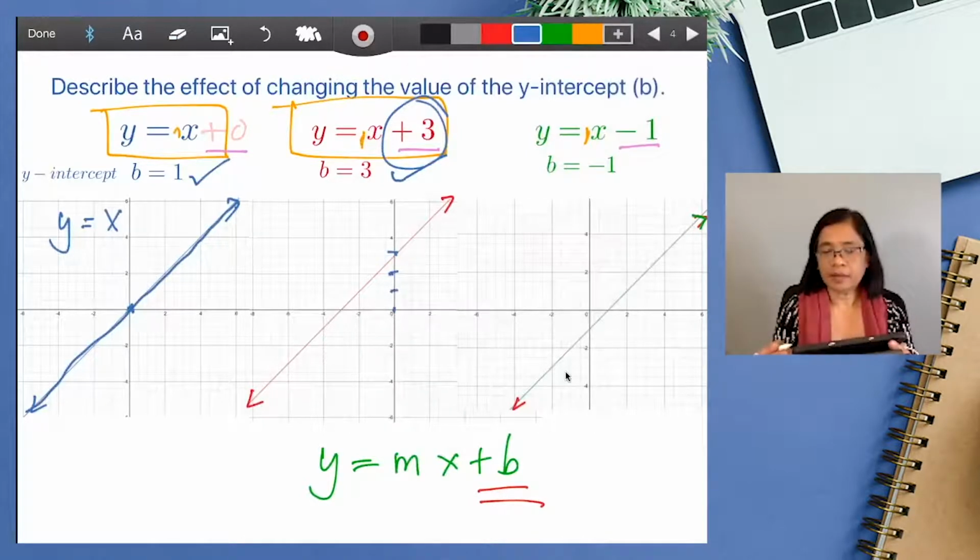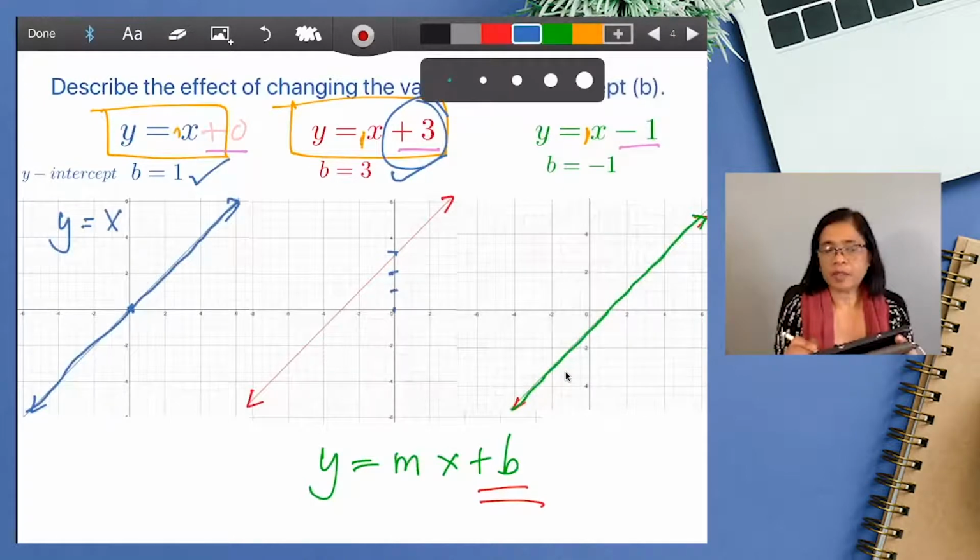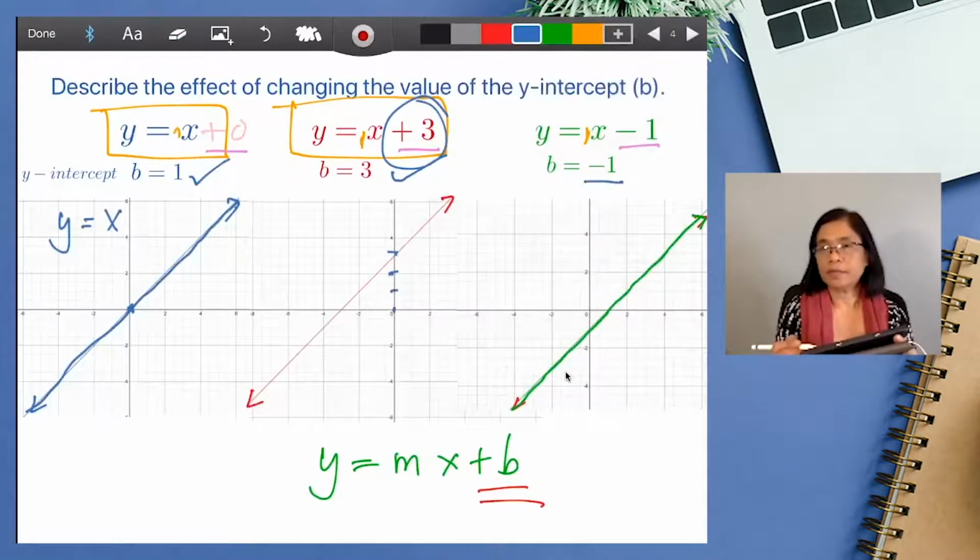And in the third line, which is the line y is equal to x minus 1, the y-intercept is negative 1. So the effect of changing this parameter is a movement of the parent function.